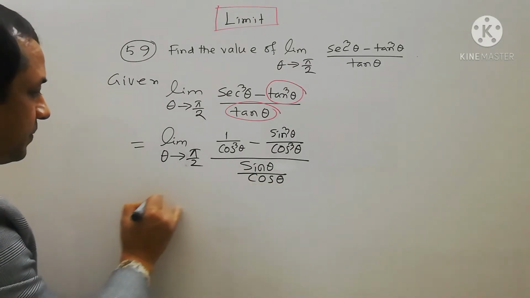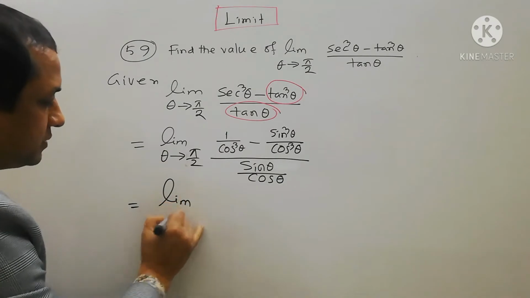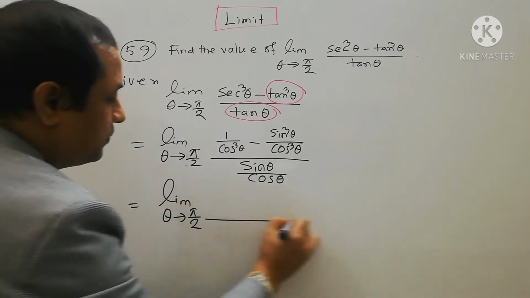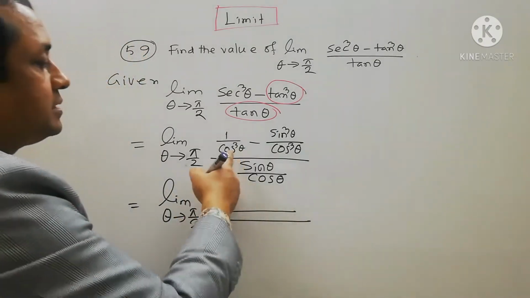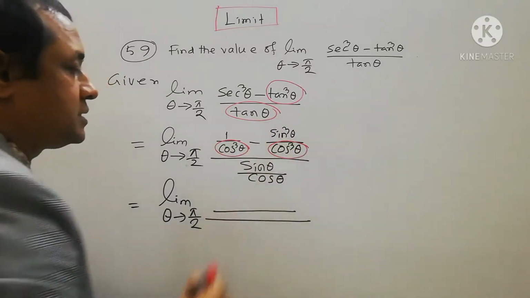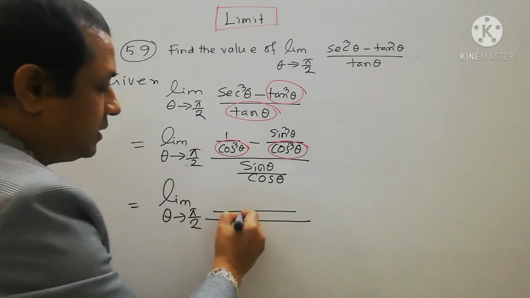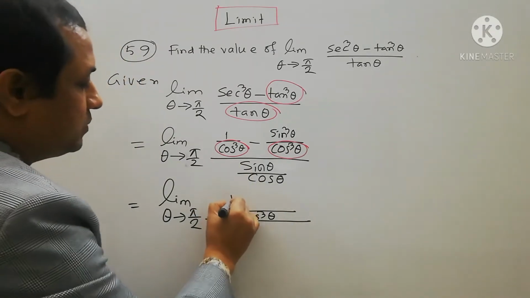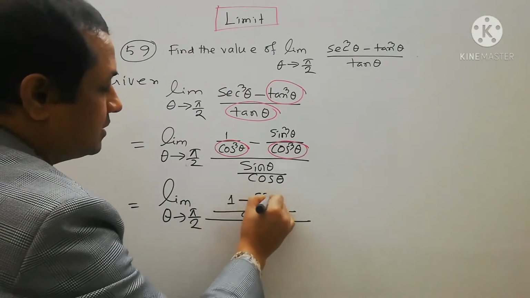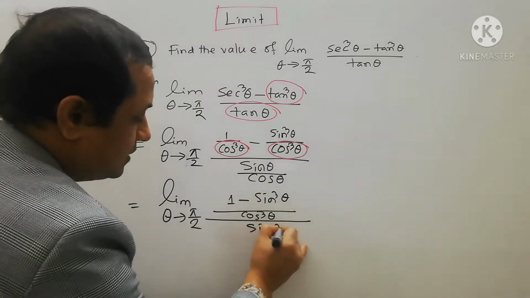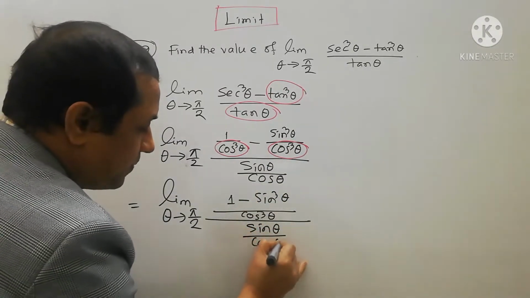Now take the LCM in the numerator. Here cos cube theta and cos cube theta are the same, so the LCM will be cos cube theta. So the numerator is 1 minus sin cube theta, and the denominator will be sin theta by cos theta.